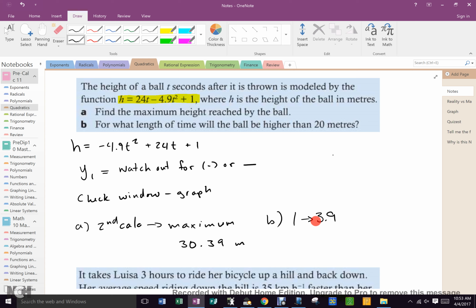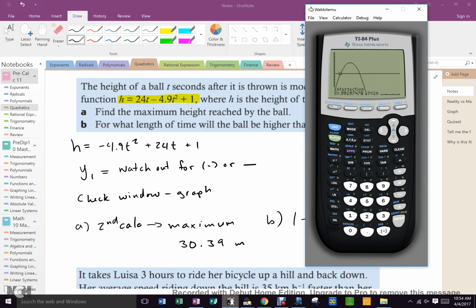You're going to be using second calc. So far we've used max, min, value and intersect. Now the only trick I taught you there was that second line I put in there, right? Everybody cool?